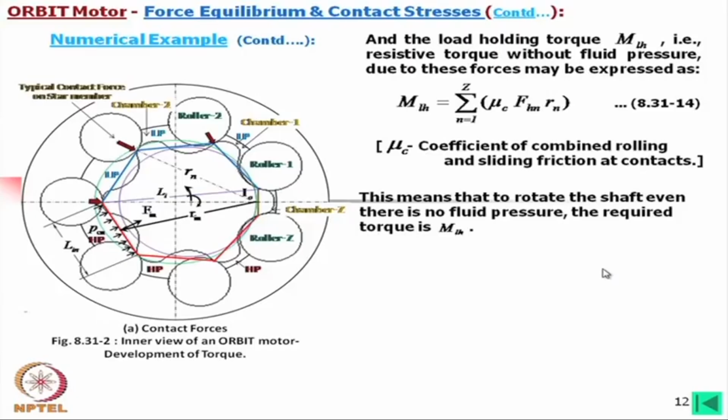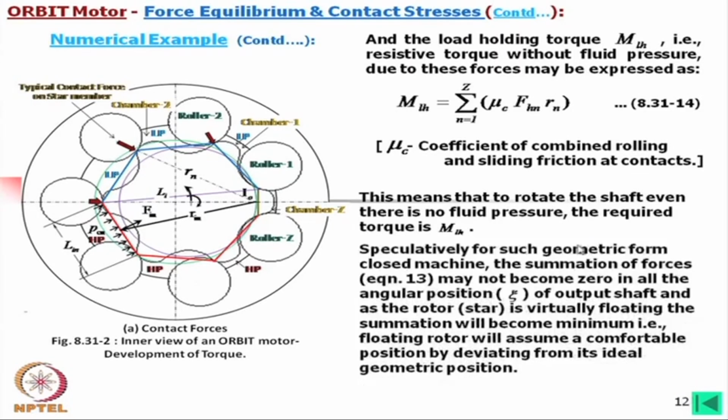This means that to rotate the shaft even with no fluid pressure, the required torque is M_LH. Speculatively, for such a geometric form closed machine, this summation of forces may not become 0 in all angular positions of shaft rotation, and the rotor is virtually floating.